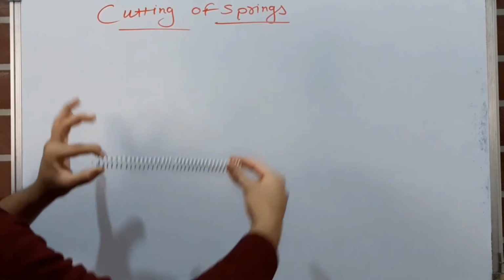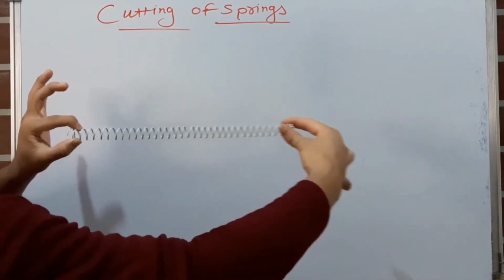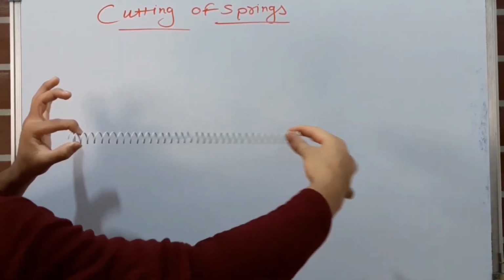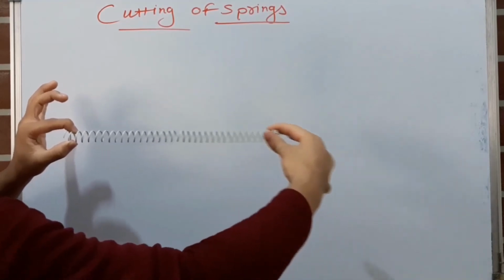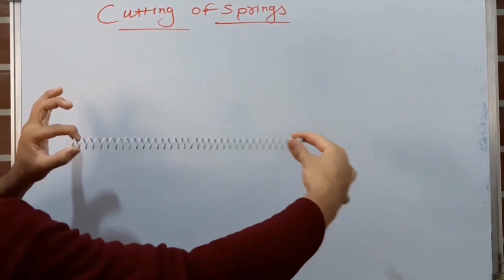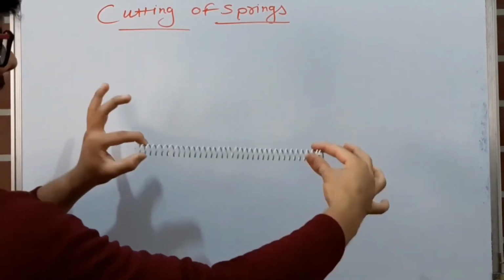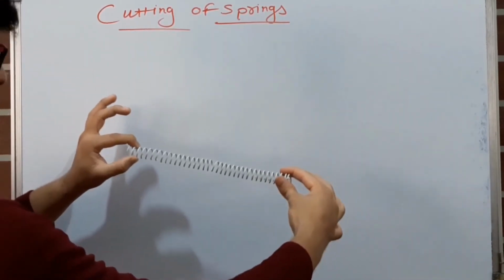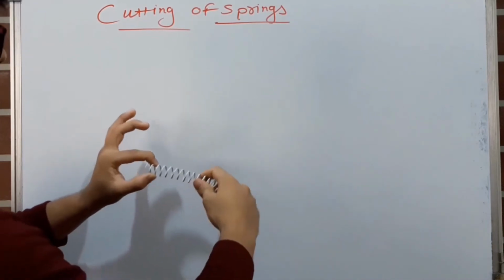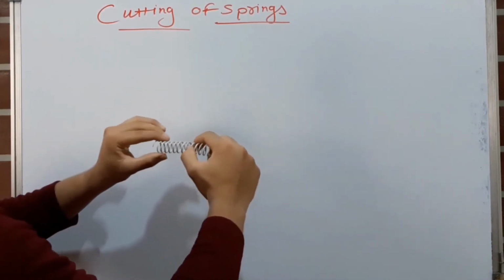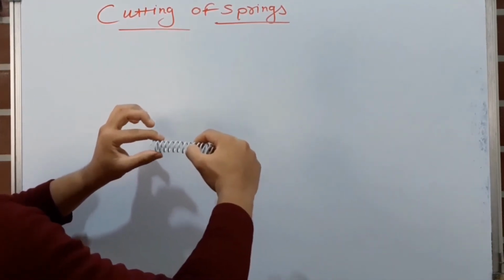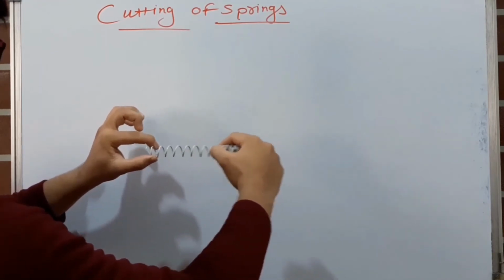When I extend the whole spring, I can extend it easily, because I experience less restoring force, since the stiffness of the whole spring is less. Now if I cut this spring, the stiffness of this part increases, so I have to apply more force to extend it.